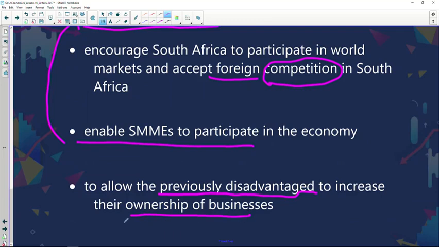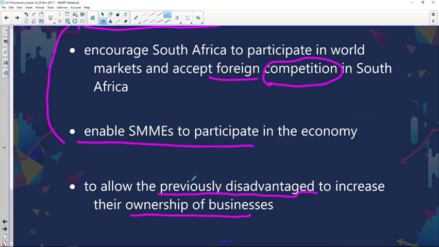So the Act is there to ensure that we increase ownership of business among people that were previously disadvantaged by the apartheid system that existed in South Africa. So it's a good thing when we look at redistribution, then we can tie it up to the Competition Act as well.